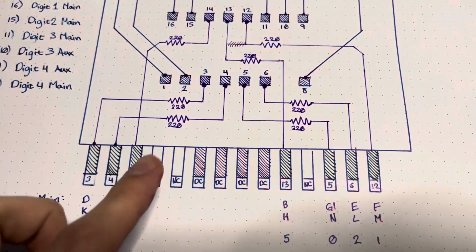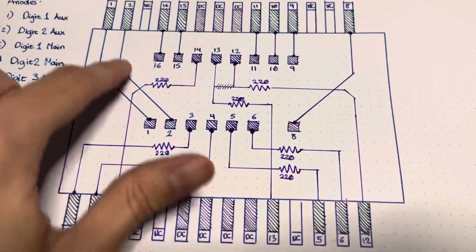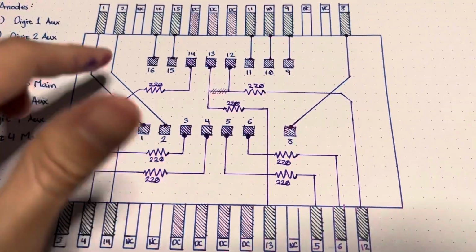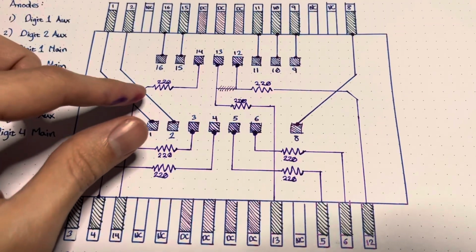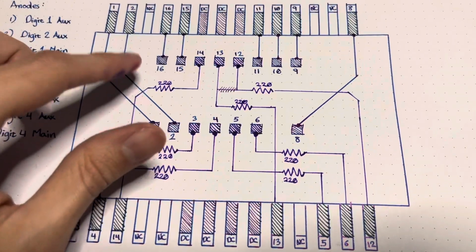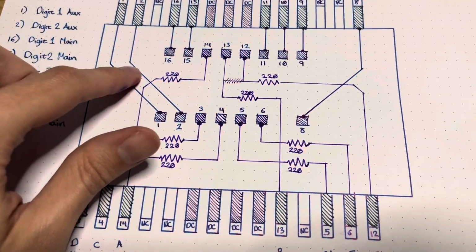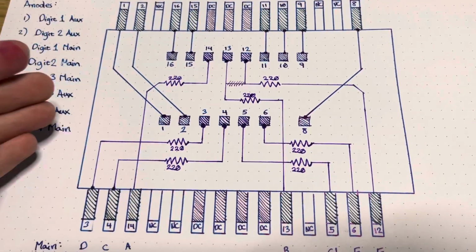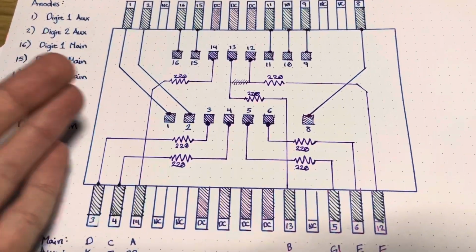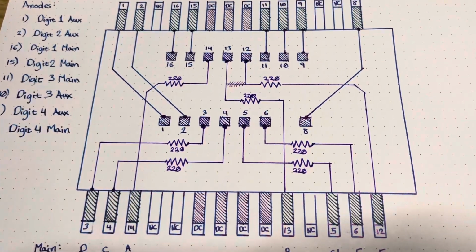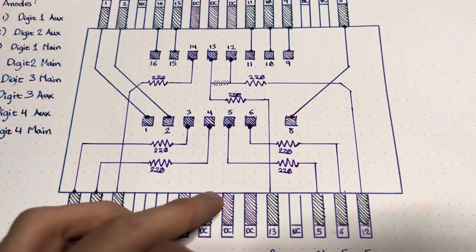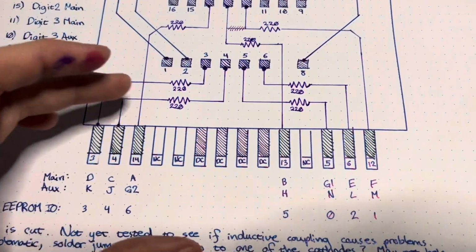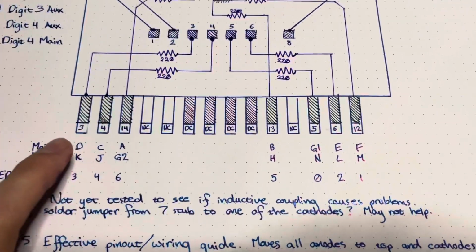So we're gonna try to avoid that. The anodes, obviously we don't need to add resistors on. The reason you don't wanna add a resistor on the anode is because then the brightness is gonna change depending on how many cathodes are active.